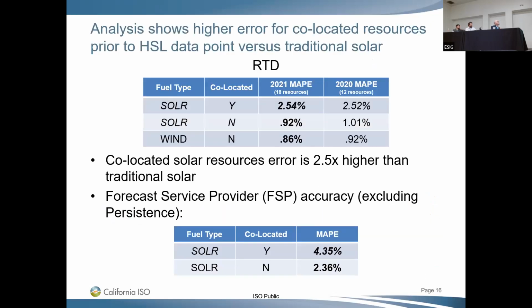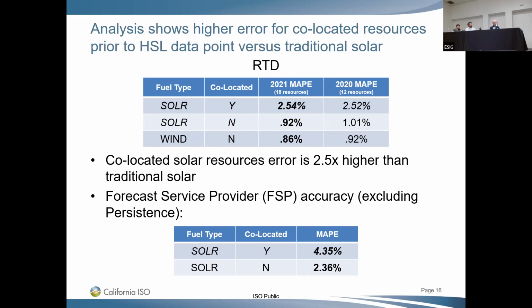All right, let's get into forecasting a little bit. I'll get to the end where we asked for a new data point. And this is really to talk about why. Why did we need another data point to feed into the renewable forecasting for both solar and wind resources? So one of the studies that we did was to really look at a set of resources that were co-located.